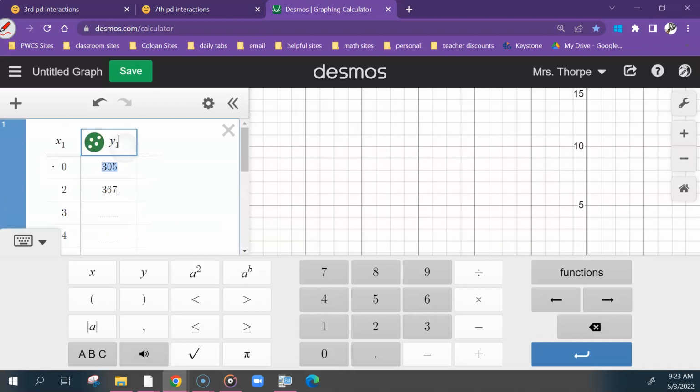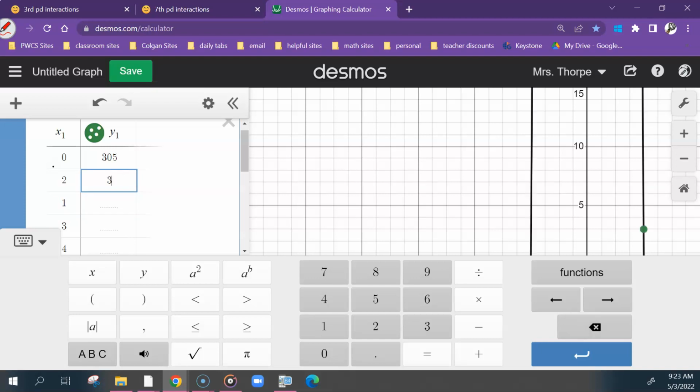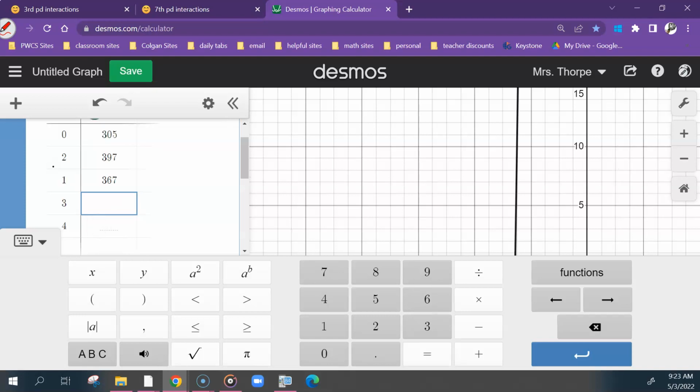And I forgot one. I put these in backwards, but the order doesn't really matter.